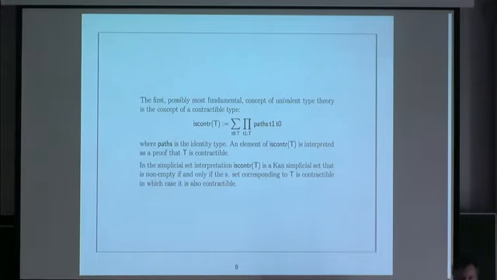So the starting point here is the concept of a contractible type. Contractible from a homotopy theoretic perspective. So we will be building this correspondence such that it's homotopy invariant, that the two things which are homotopy invariant are indistinguishable.